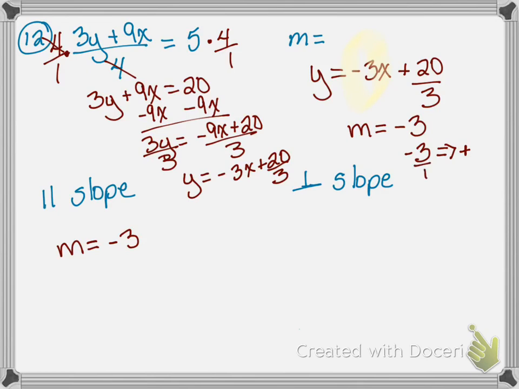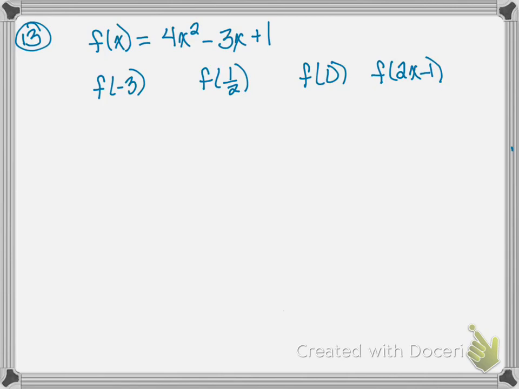So I have positive, and then I have 1/3. So the slope of all my perpendicular lines is going to be positive 1/3. So perpendicular lines have negative reciprocals of the original line. Parallel lines have the same slope. They are the identical slope. Okay? So let's move on to number 13.